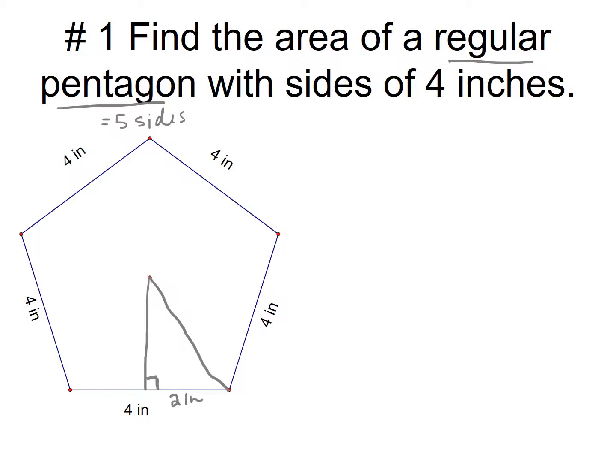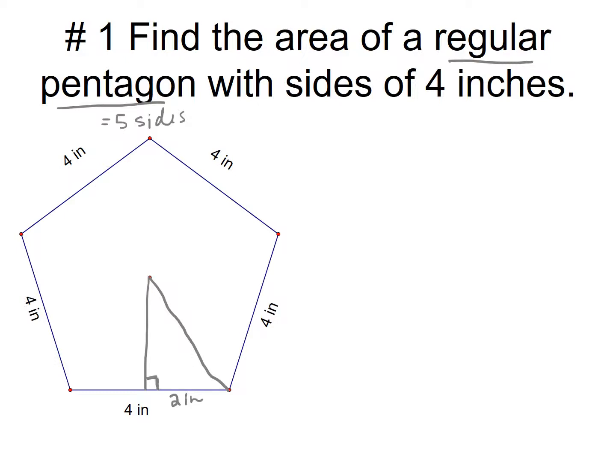Well, we've spent some time talking about interior angle measurements. We've talked about how many degrees a 5-sided polygon has, how many degrees a 12-sided polygon has, and that's going to come back into play now when I'm trying to solve this regular pentagon. So for starters, I'm going to figure out how many degrees are in this pentagon.